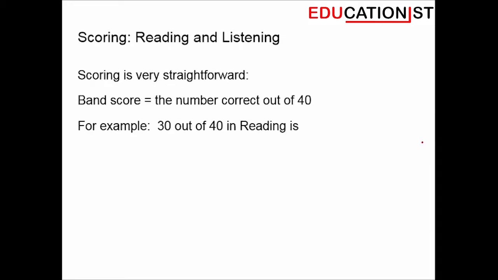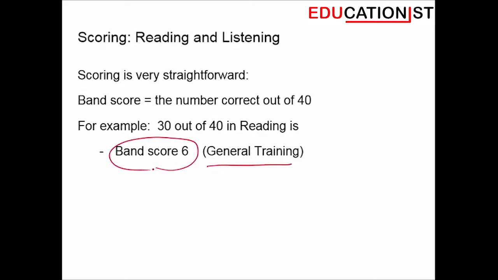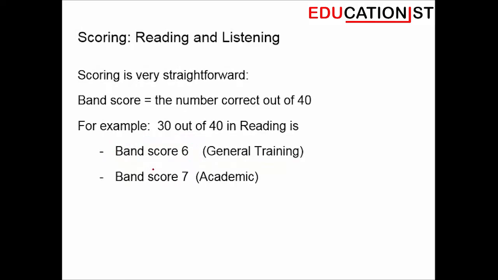Okay, so for example, if you get 30 out of 40 correct in reading, all right, if you're taking the general training exam, that means you'll get a band score of 6. Okay. For the academic reading section, getting 30 out of 40 means you get a band score of 7.